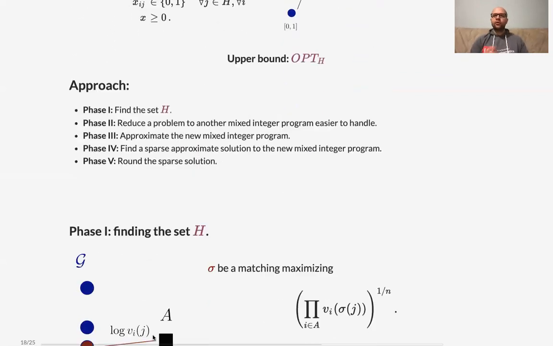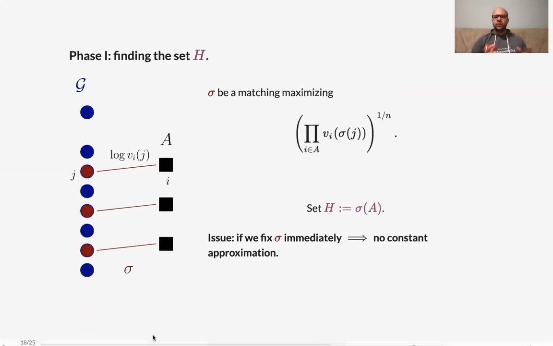Let me tell you first how to find the set H of the goods that we allocate only integrally. And this is done as follows. We are simply going to pick the set of goods that maximize Nash social welfare under the assumption that each agent only gets one good. And how can we do this? Each agent will get only one item, so we want to maximize this, which is the same as maximizing the sum of logs.